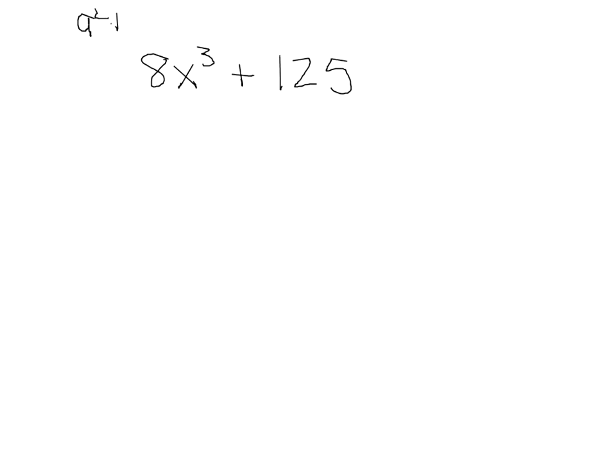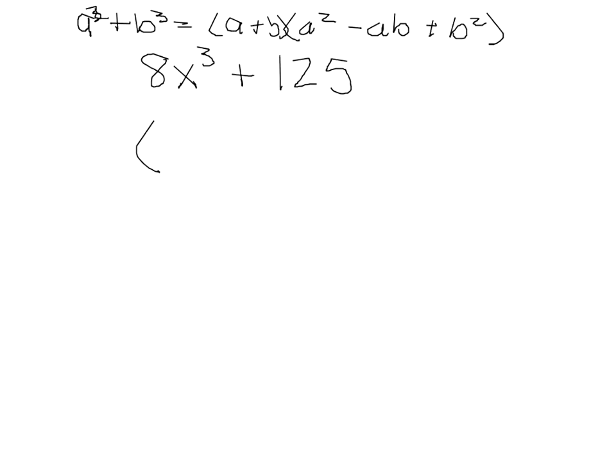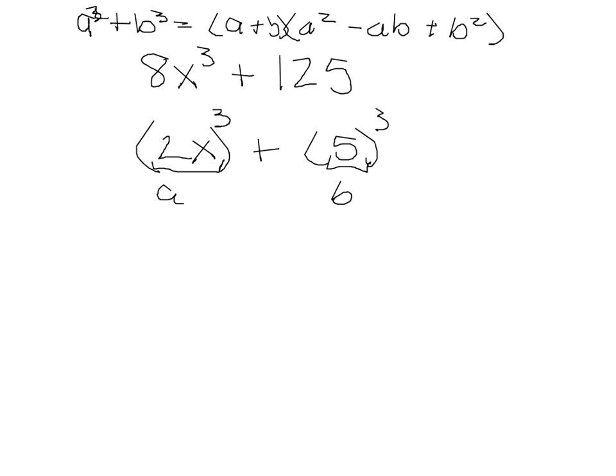And here's the last one. This is the sum of cubes. So that's A cubed plus B cubed equals A plus B times A squared minus AB plus B squared. Okay, so 8 is 2 cubed, and x cubed is x cubed. 125 is 5 cubed. So there's my A, and there's my B. So I plug it into the formula, A plus B. It gives me 2x plus 5, and then in parentheses, A squared.